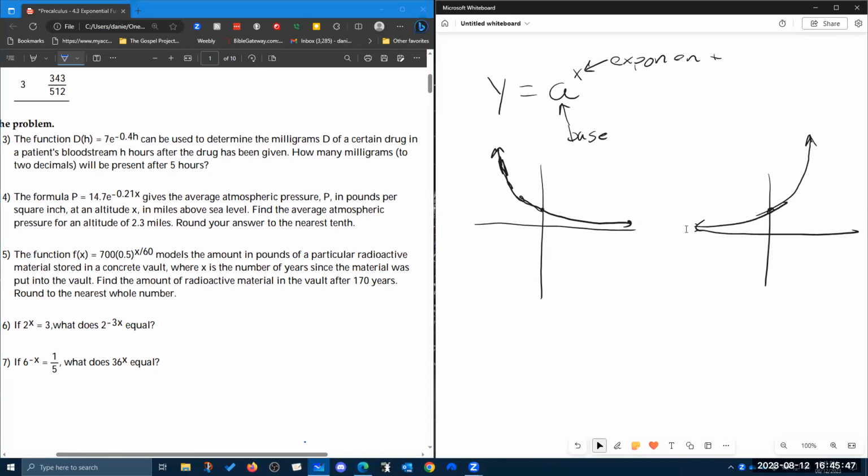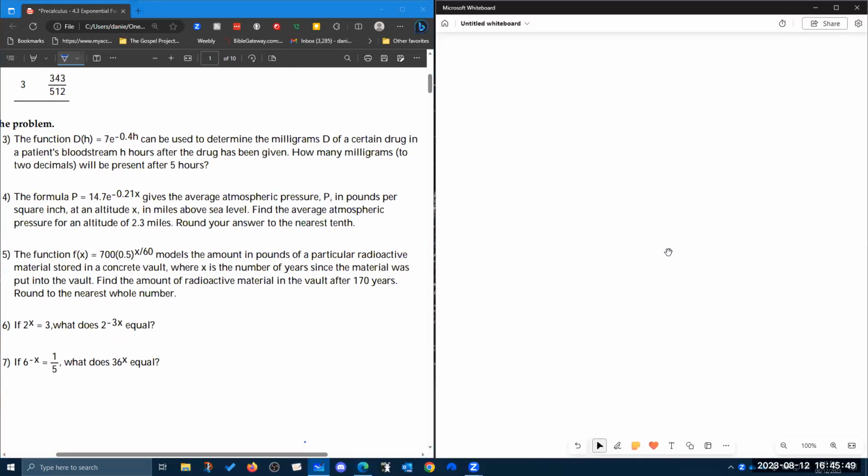So the function d of h is equal to 7e to the negative 0.4h, where h is the time in hours and d is the dosage, or you could say concentration in milligrams, that will be present after a certain number of hours. So we want to find the amount of drug in the person's body after 5 hours.